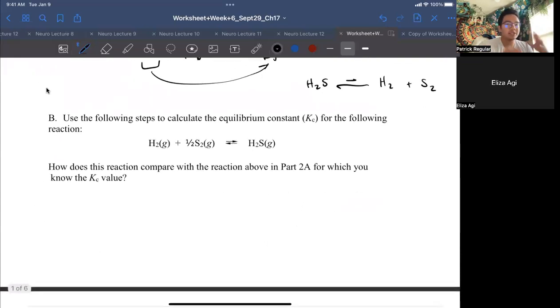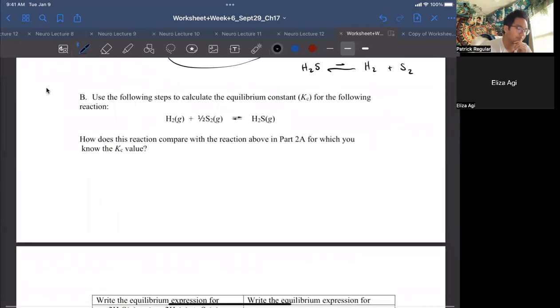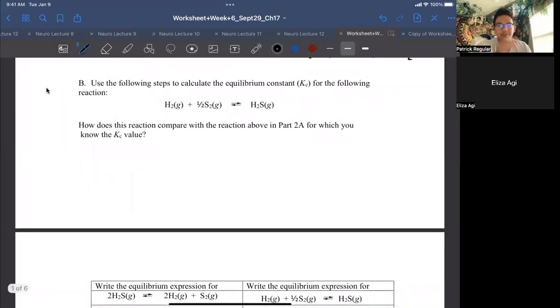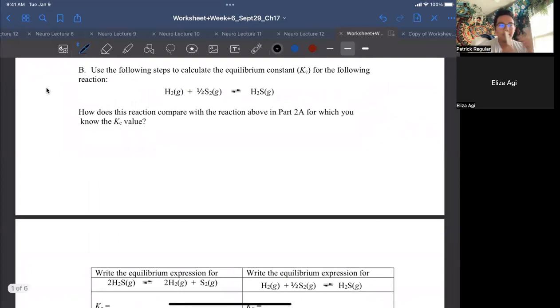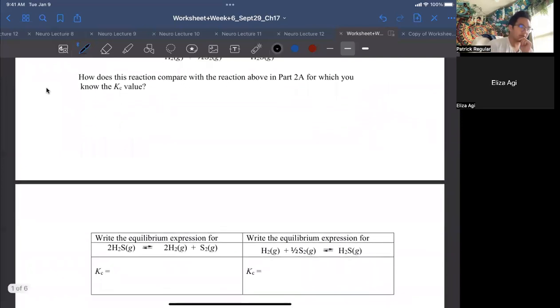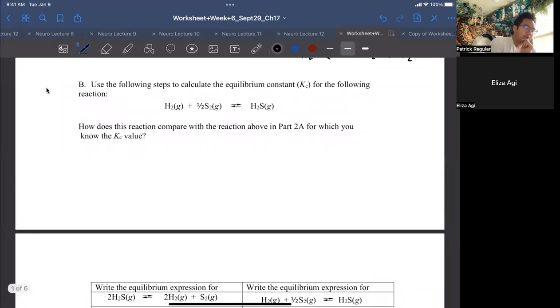Now, what if we change it up a little bit? What if we flipped it and then decreased or increased the coefficients? And for this one, we decreased it. All right. How does the reaction compare to the earlier part? Well, this brings in our reciprocal rule and our coefficient rule. So if we reverse or just flip the reaction, we do the reciprocal rule.